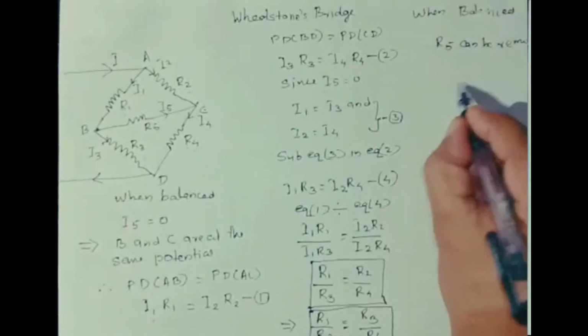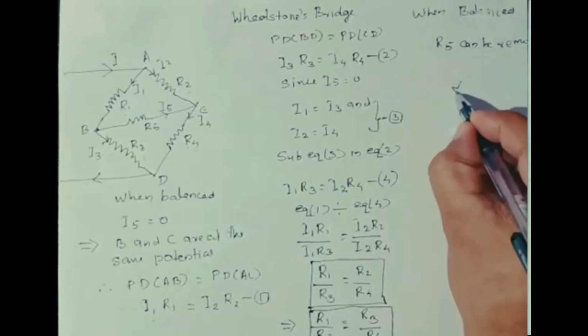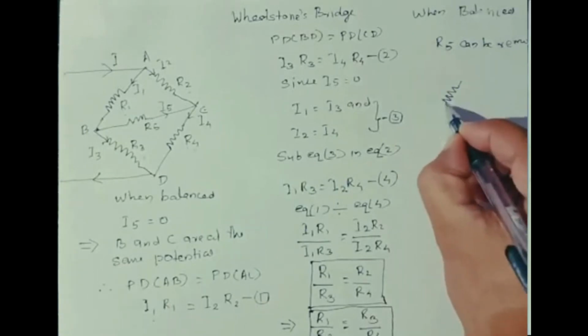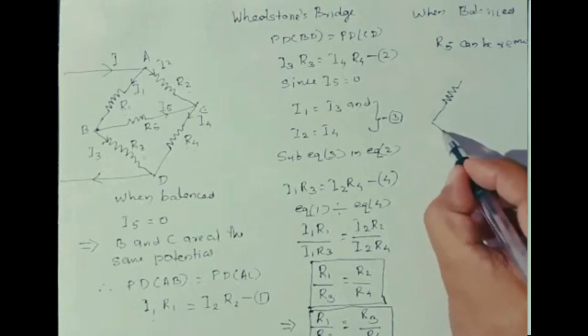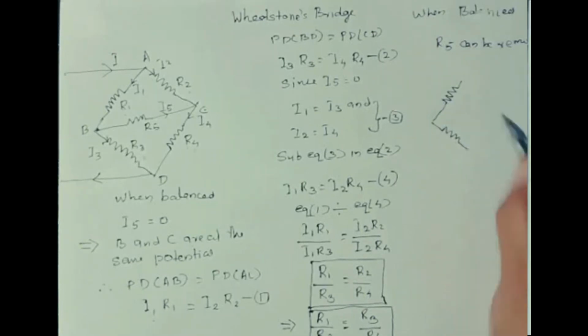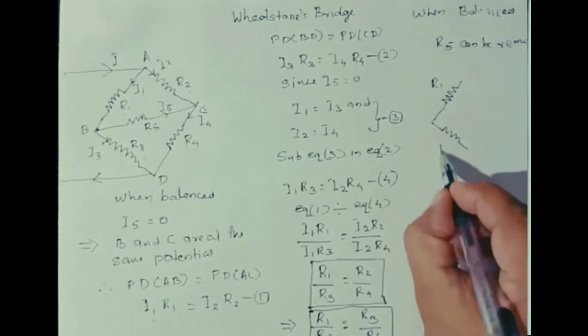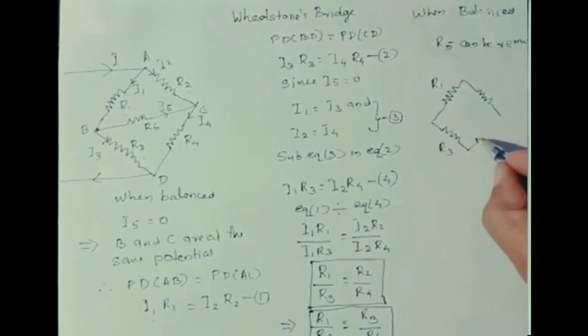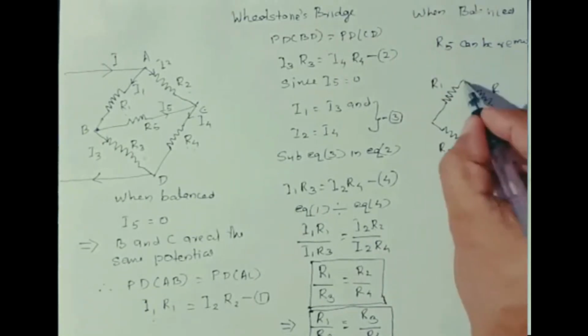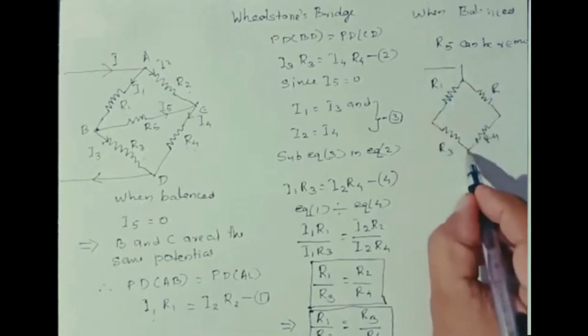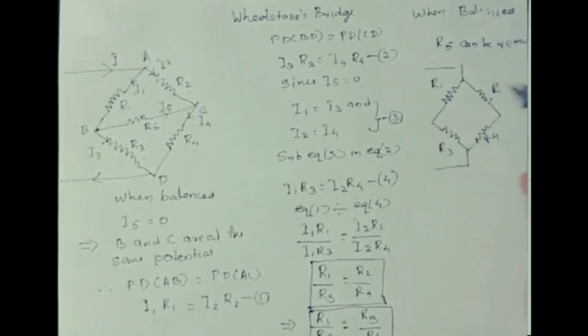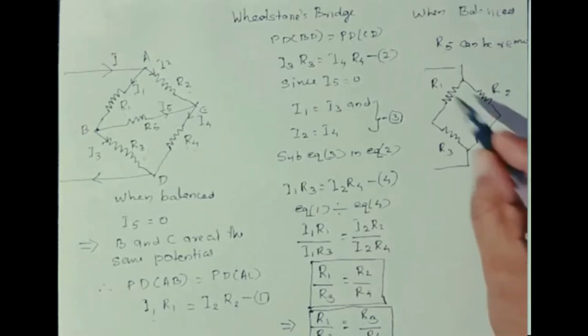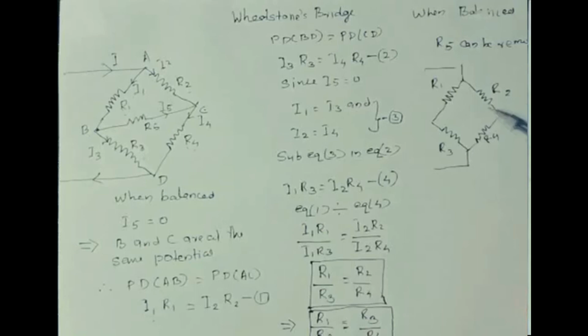Now this equivalent circuit looks like this. This is R1, this is R3, and here we have R2 and R4, and the power is connected across these lines. R2 plus R4 and R1 plus R3 are in series. These two branches are in parallel.